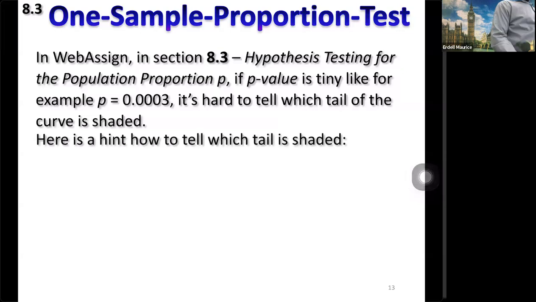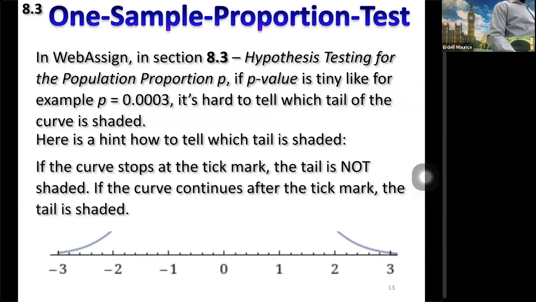Last thing they want to point out is that sometimes it's hard to tell which side is shaded because such a small amount is being shaded. What you have to do is look at the end. You see at the end, this little bar is missing, while on this end the bar keeps going. If the curve continues after the tick, then the tail is shaded. So this side is shaded and this side is not shaded in the homework problem.